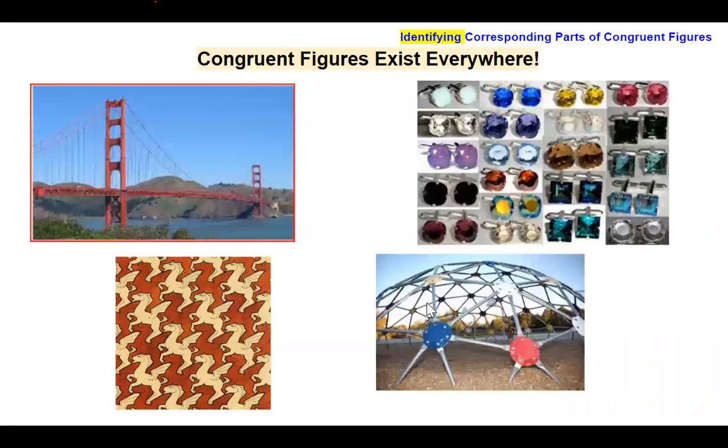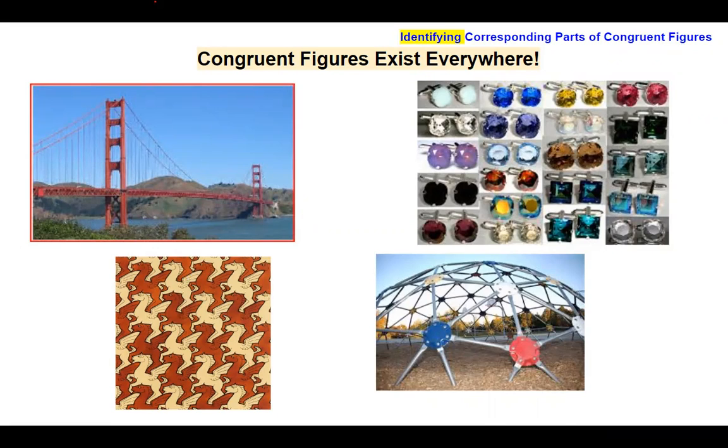Now, where do these parts exist? They exist anywhere, basically. Whenever we have one item or one figure and it needs to be replicated many, many times, that is when we can identify the corresponding parts that are congruent to each other. It can be found in building structures, in arts, in playgrounds, in jewelry, in anything you can think of. Even right here on the structure, you see our lights.